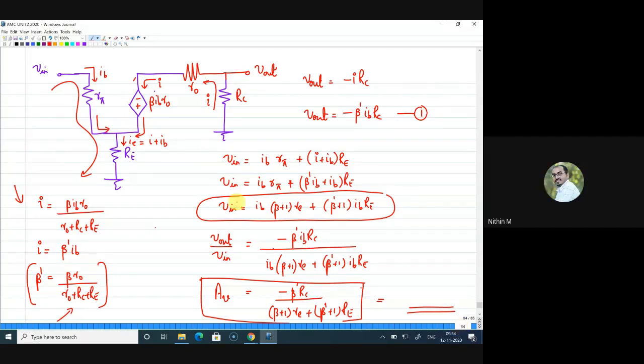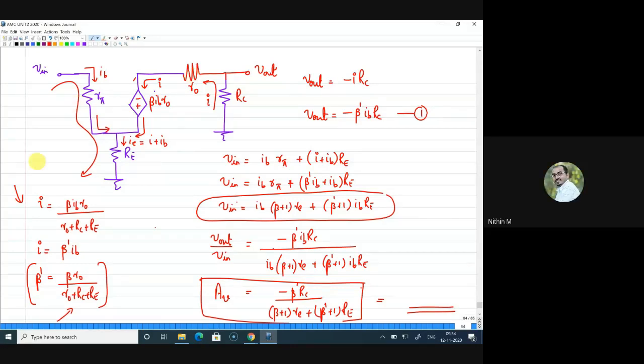Which loop current? Output loop. I is actually the current flowing from here. That current plus IB is flowing through Re. So according to this equation, I is equal to beta IB R naught by... Okay. According to that, I will be the output loop current. Then in the V in equation, we should write IC plus IB into RE now.